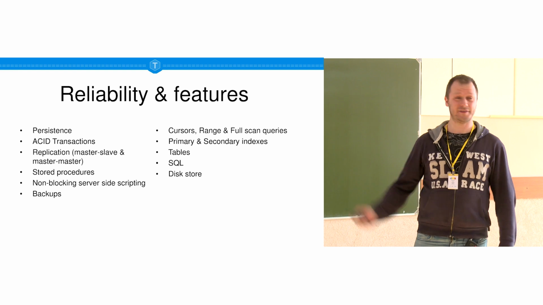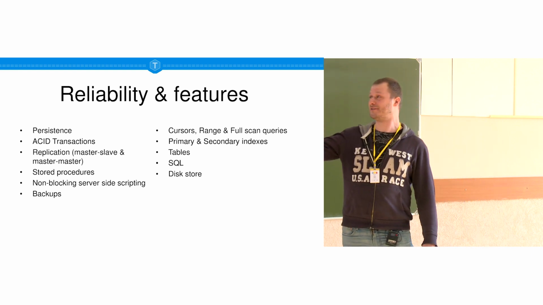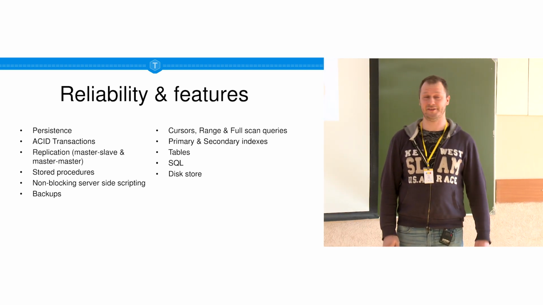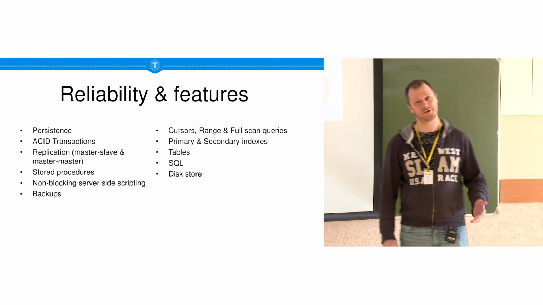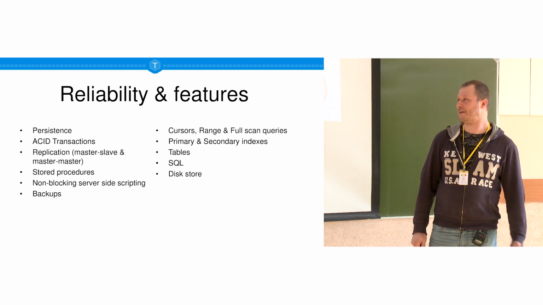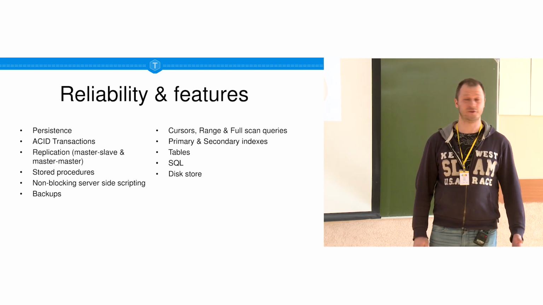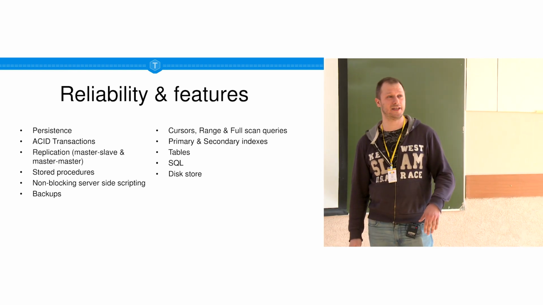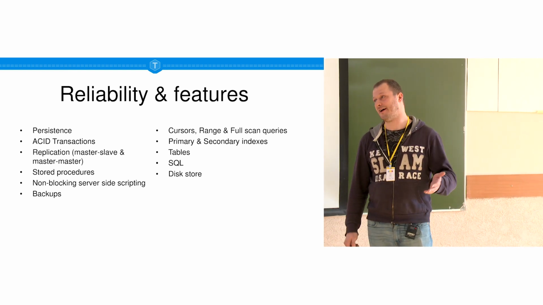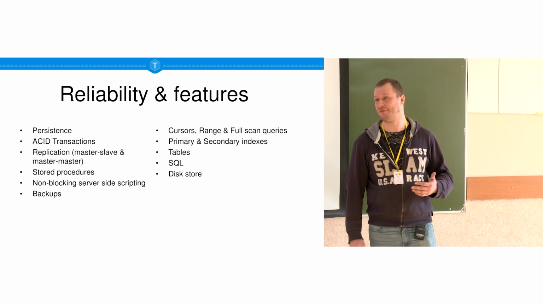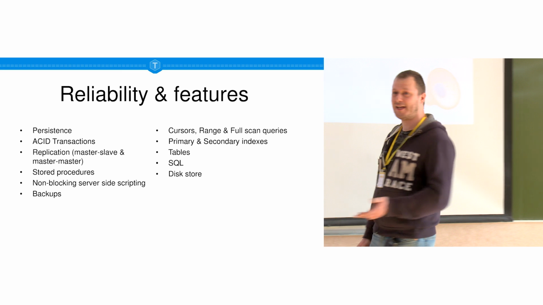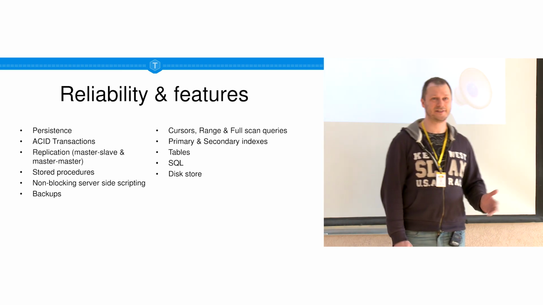The main thing about those databases on the left side is that they are reliable, durable, so you can rely on them, they will never lose your data. Plus, they have some features, like the SQL language and sophisticated data structures, like tables, indexes, secondary indexes, and many more.